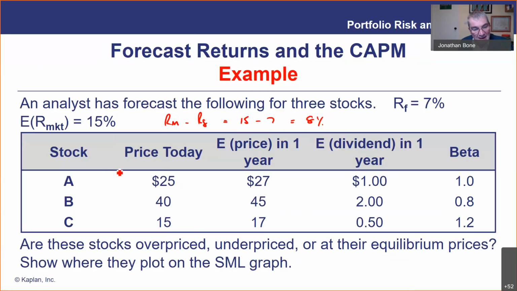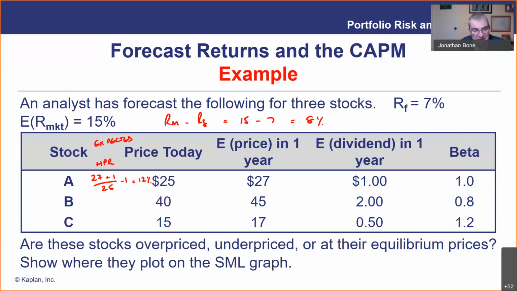So for stock A, holding period return, and this is our expected return, if I do it as 27 plus 1 over 25, the 28 divided by 25 minus 1, and I get 12%. So therefore, holding period return on stock A, the expected return on stock A, is 12%.